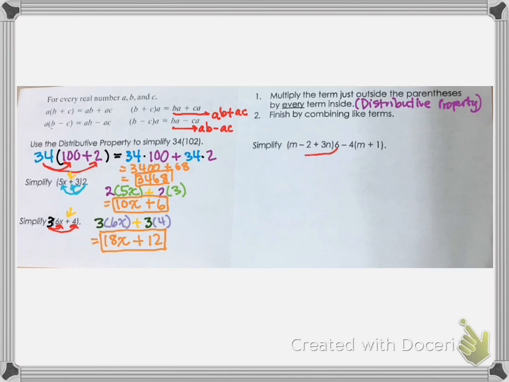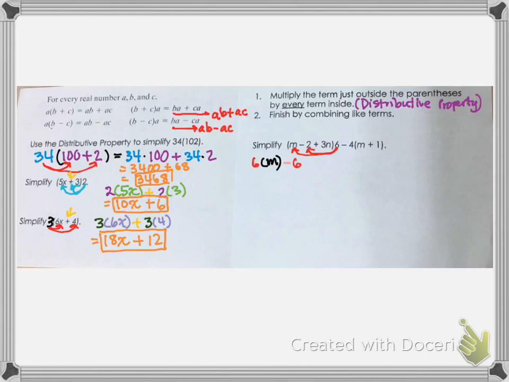So we're going to start by multiplying 6 by everything in that first set of parentheses. So that's going to give me 6 times m. And then it says minus, so I'm going to put that in. And then we're going to multiply the 6 times the 2.